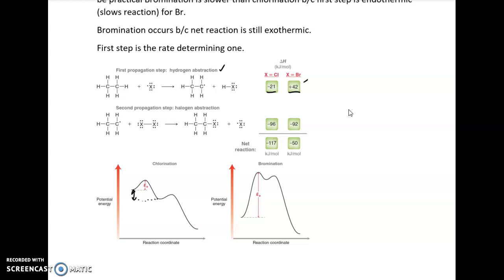So this is not favorable. However, because the overall reaction is exothermic, the reaction will go. We just have this large hump that we have to get over in order to make it go.